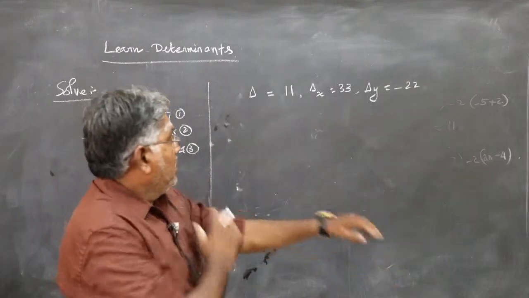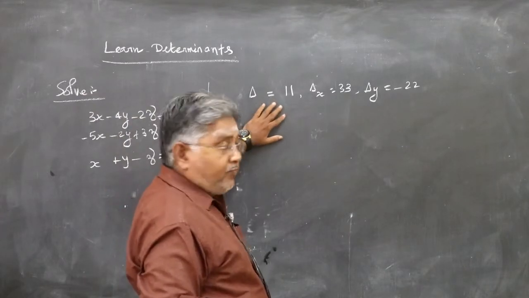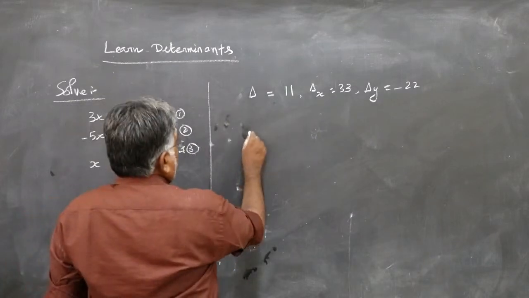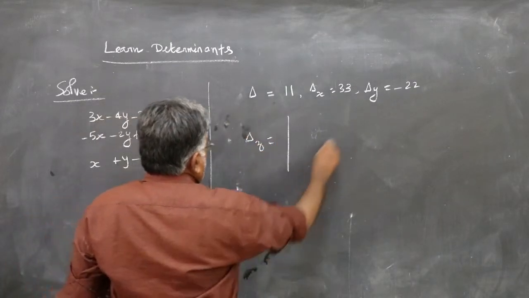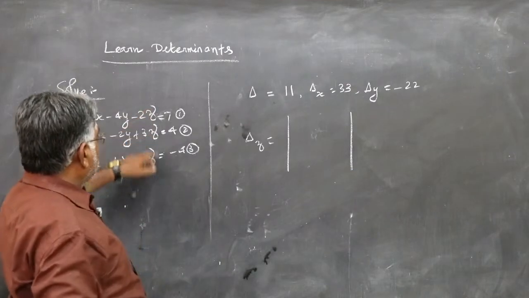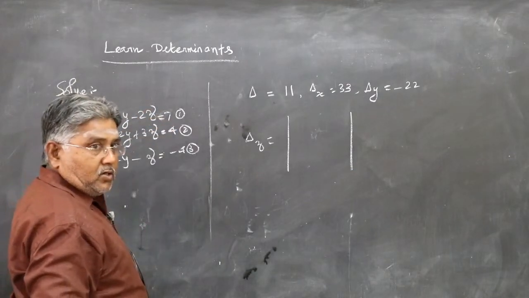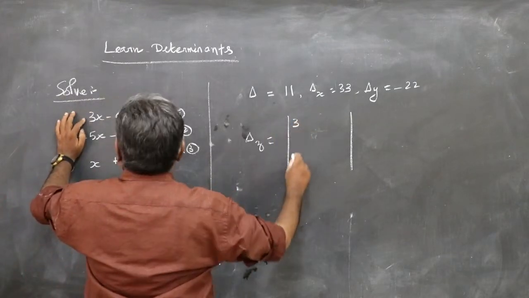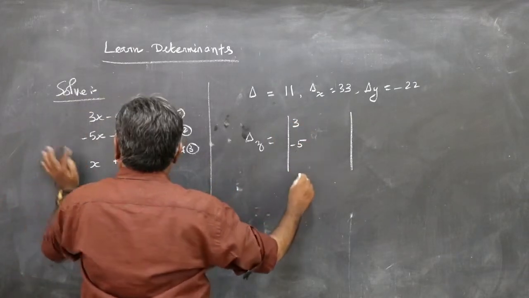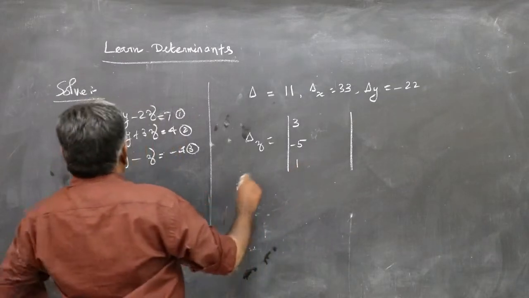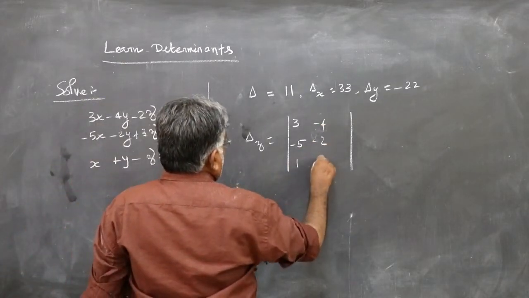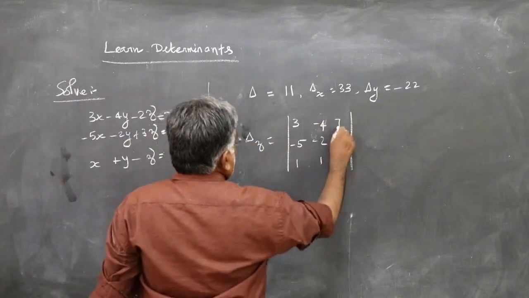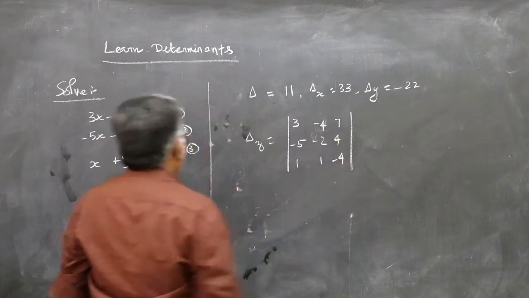Okay, so we already got the value of delta, delta sub x, delta sub y. Now we will see how to get delta sub z. The coefficients of z should now be replaced by the constants here on the right side of the equations. So 3, minus 5, 1, minus 4, minus 2, 1, and here you should put 7, 4, minus 4. This is delta z.